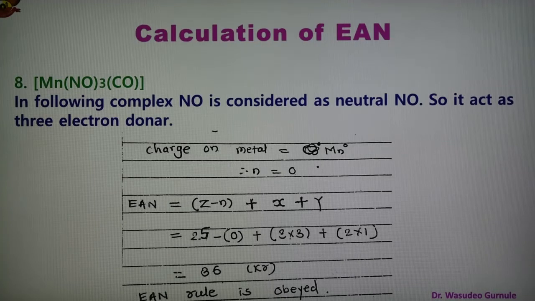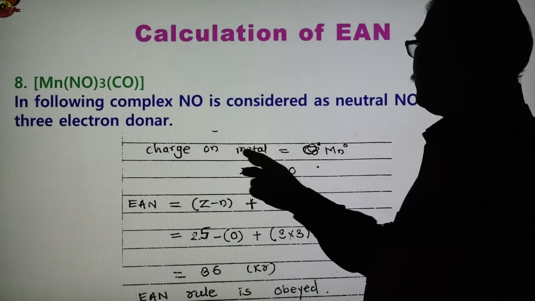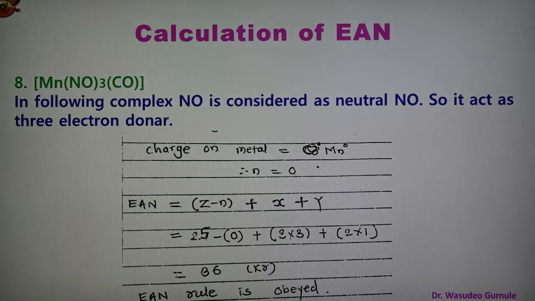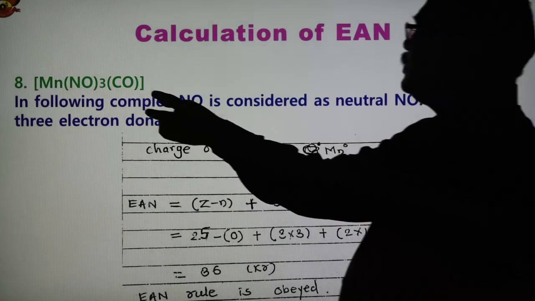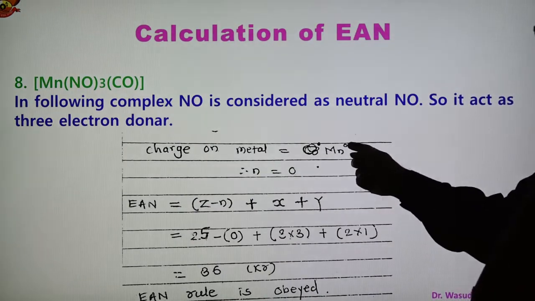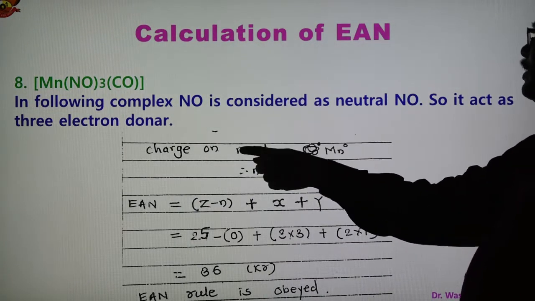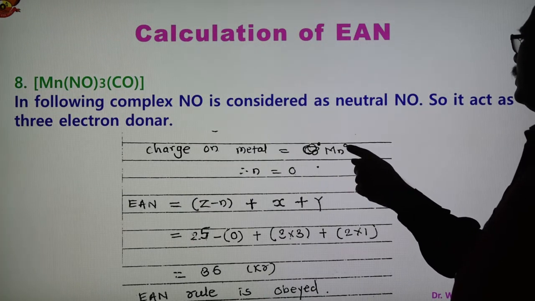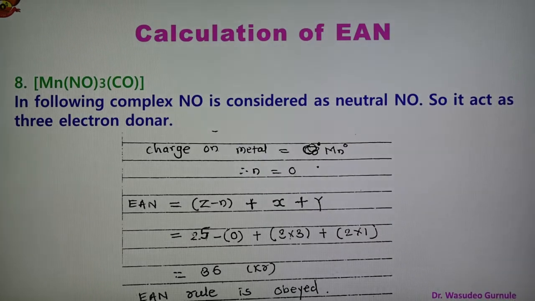When it is positive or negative, then it donates 2 electrons. See here in this example, the charge on the metal Mn is 0 because NO is neutral and CO is also neutral. Therefore N equals 0.